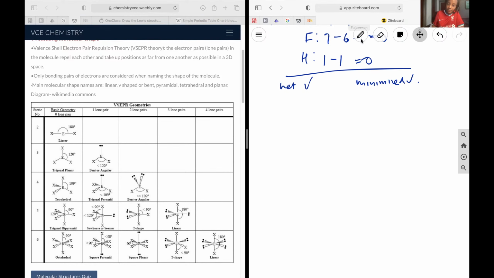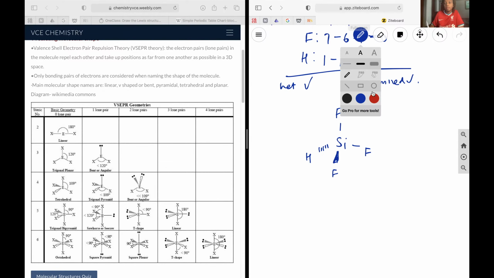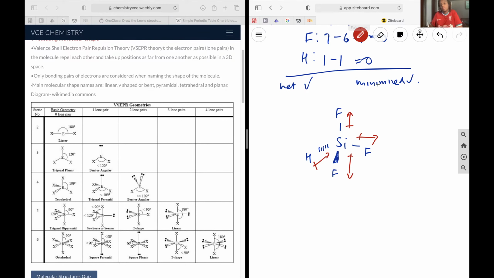So now let's go about drawing that. Okay, and then let's do our dipoles. Fluorine is the most electronegative, and silicon is more electronegative than hydrogen. But the dipole magnitude is going to be different, so let's put it in blue.